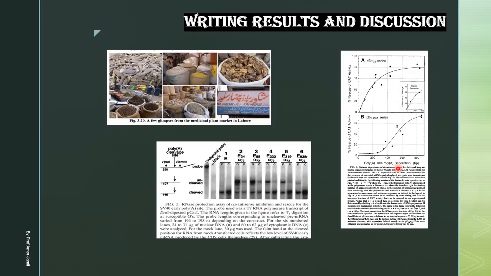As you can see here, this is a long legend. I didn't show it clearly because it doesn't matter. Here I am just making my point that you should give the title of the figure below the figure, and you should give a detailed legend so that it can be self-explanatory.